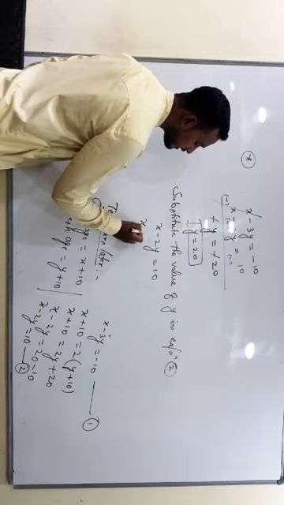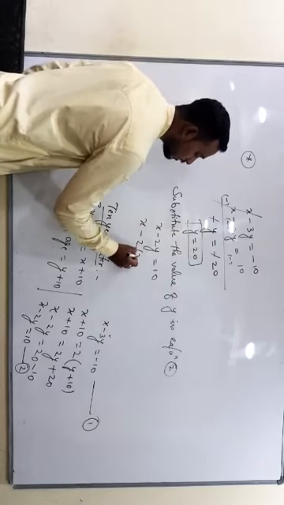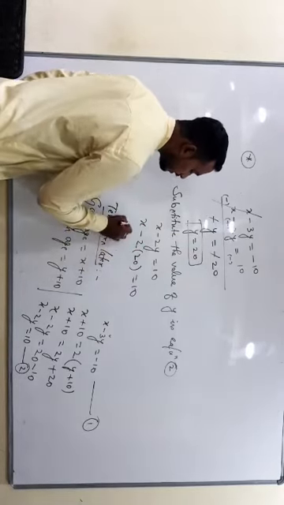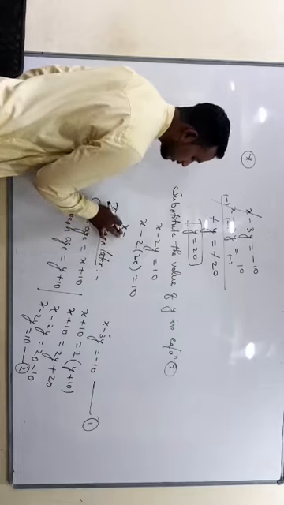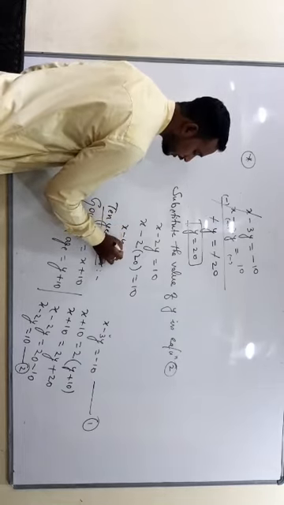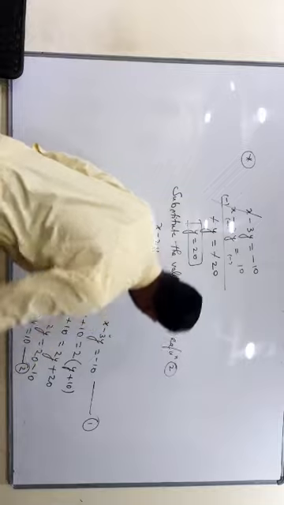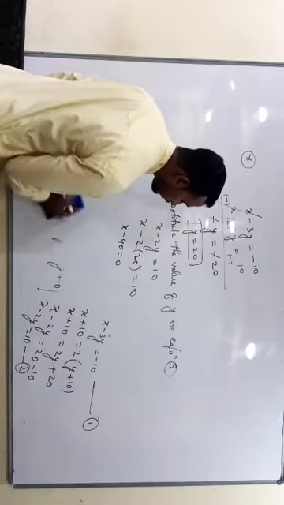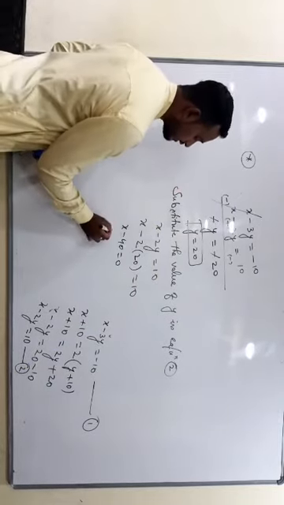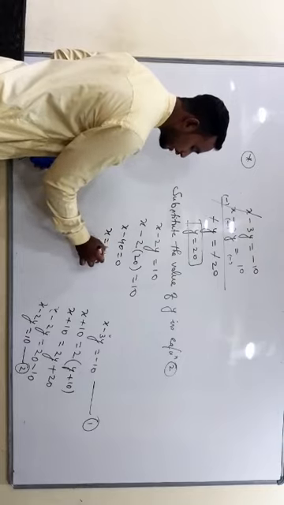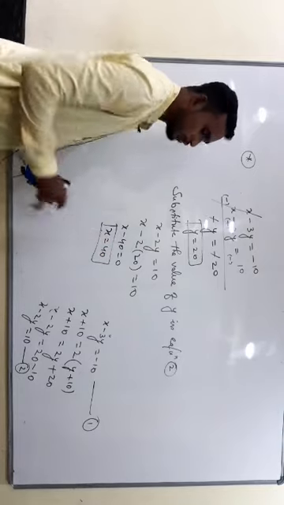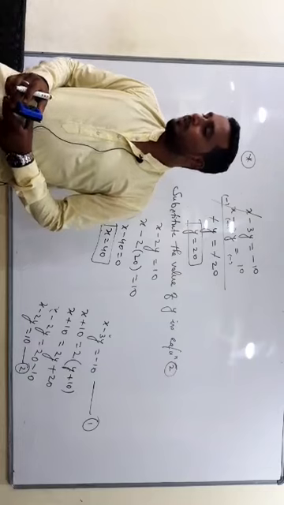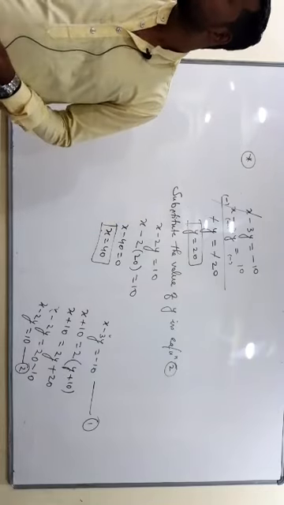What is y? 20. x minus 2 into 20 is 40, equal to 0. x minus 40 equals 0. Then x is equal to minus 40 come to the RHS side, it becomes plus 40.